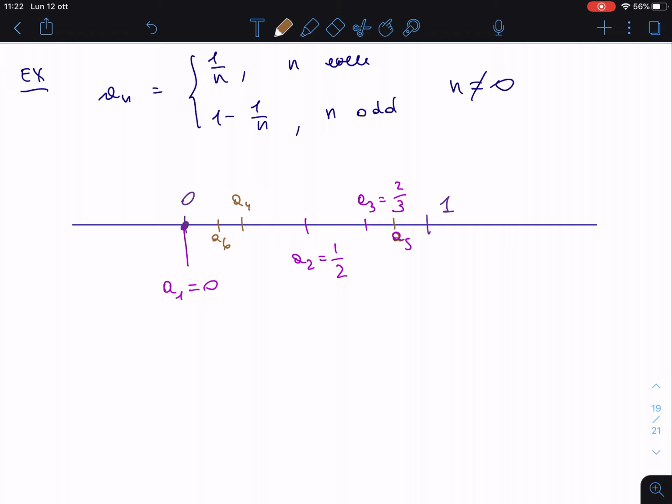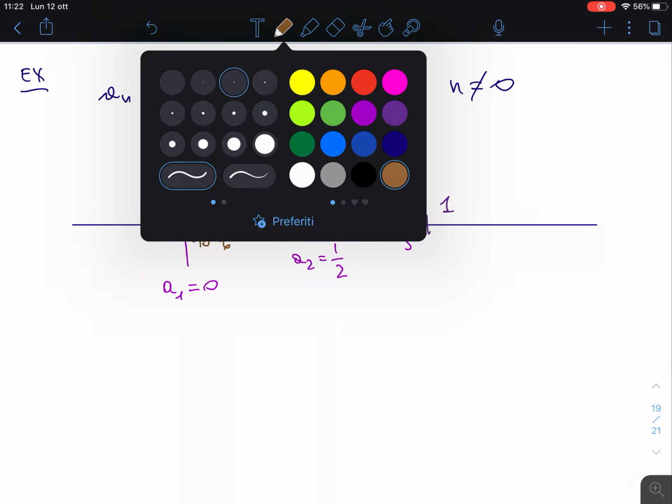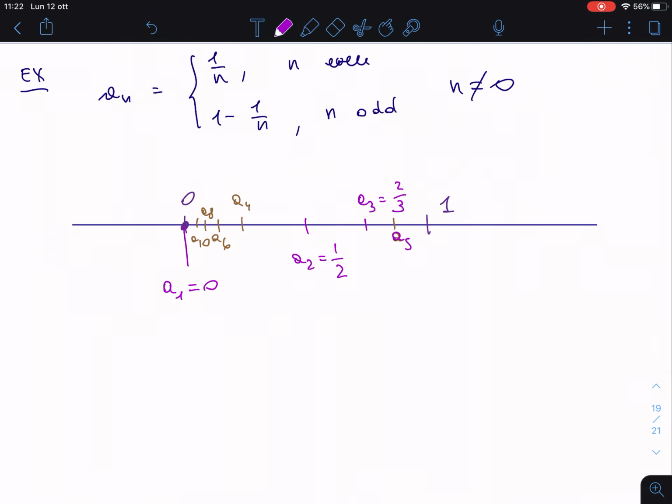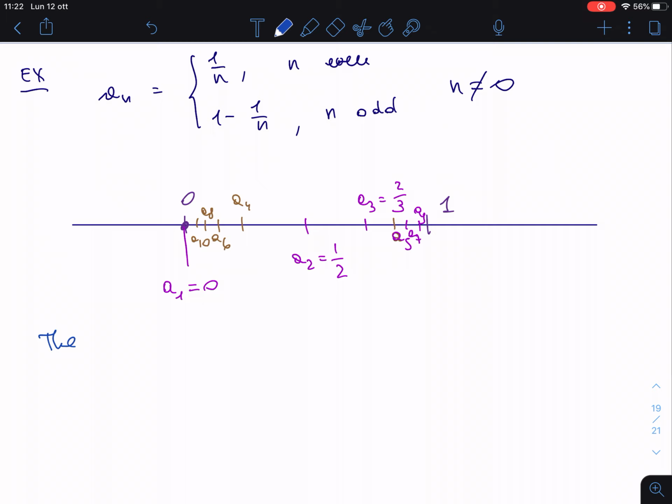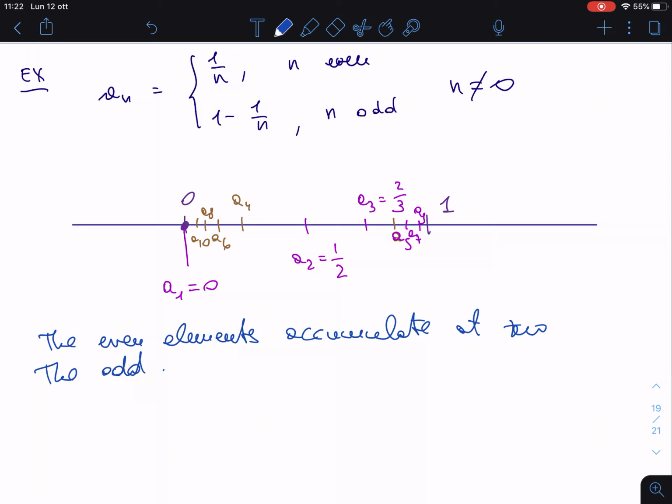So if you go further and further, you find here a8, a10, and for the odd ones, you have here a7, a9. So you have that the even elements accumulate at 0 and the odd elements accumulate at 1.